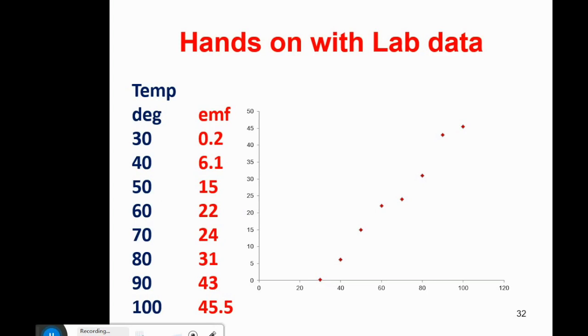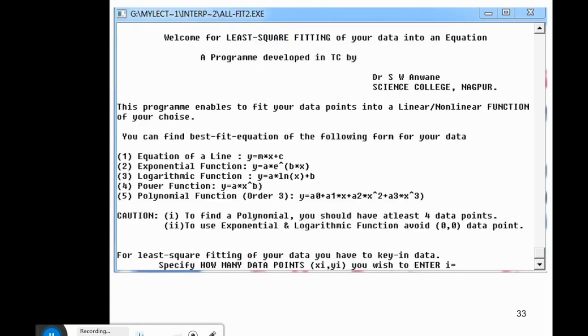Now, I have again brought those observations we have recorded in the laboratory, and here we have data points which are plotted where temperature is along the x-axis and thermo EMF, probably in millivolts, is on the y-axis. So this is the program allfit.exe, which is developed in the C language, and here I am picking up the data.